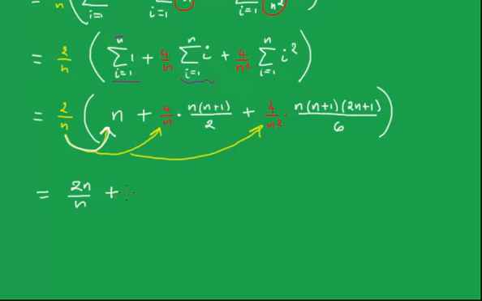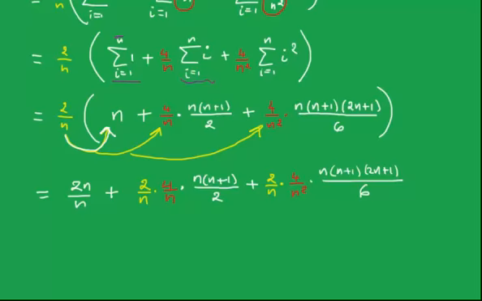Plus 2 over n times 4 over n times n plus 1 divided by 2, and then the last term is 2 over n times 4 over n squared, and then times n plus 1, 2n plus 1 divided by 6. So that's what we have.